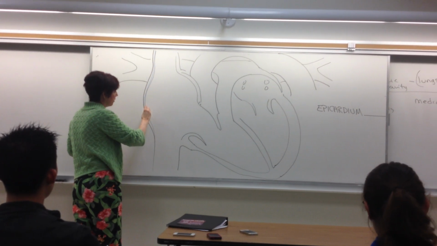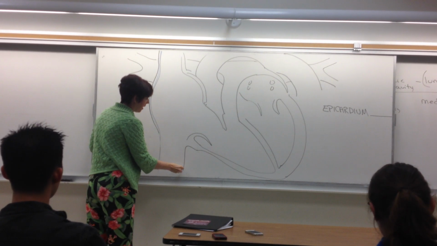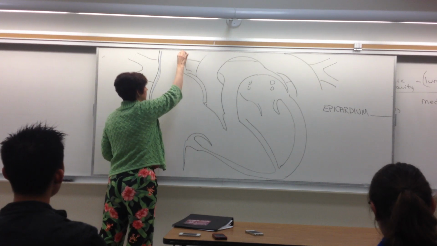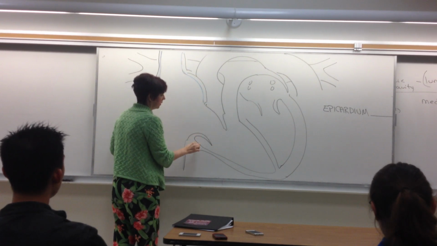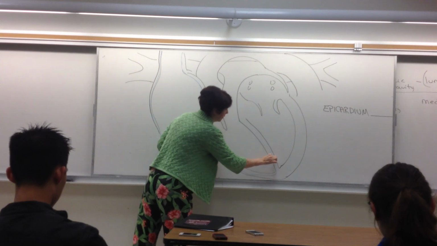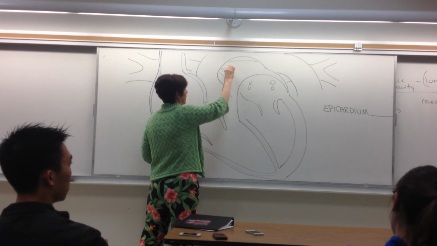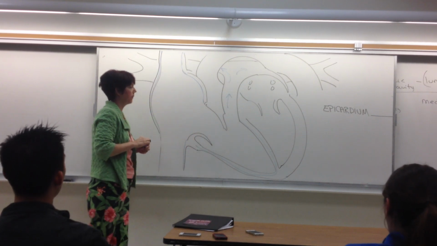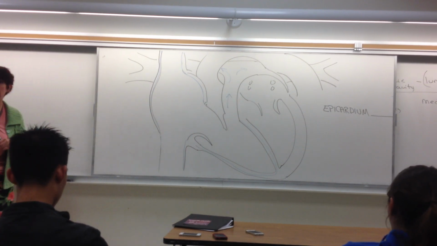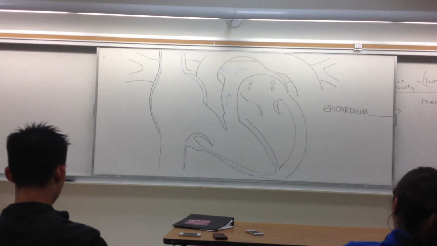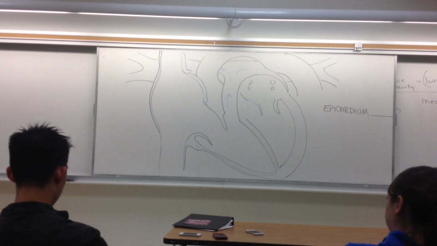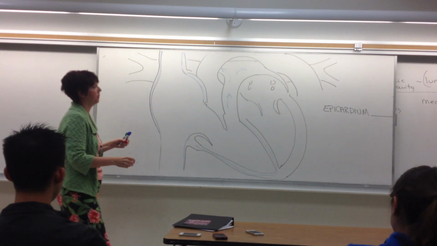So that is all going to be deoxygenated blood, and deoxygenated blood going out the heart to the lungs. Okay? So everything on the right side is deoxygenated. Everything on the left side is receiving blood from the lungs and then pumping it to the body.